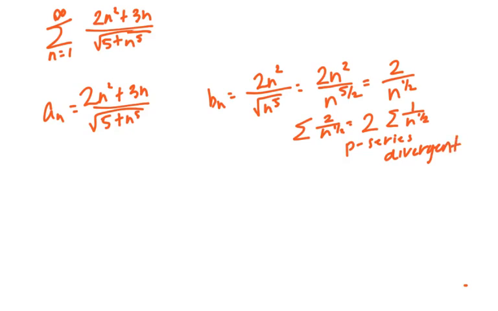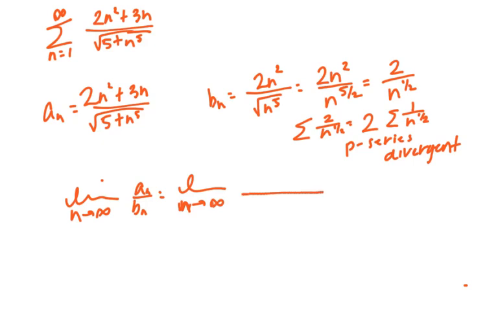That's important. So let's use this one to look at the limit comparison test again. So we're going to say the limit as n approaches infinity of an over bn. So this is the limit as n approaches infinity, and an is 2n squared plus 3n over the square root of 5 plus n to the fifth.